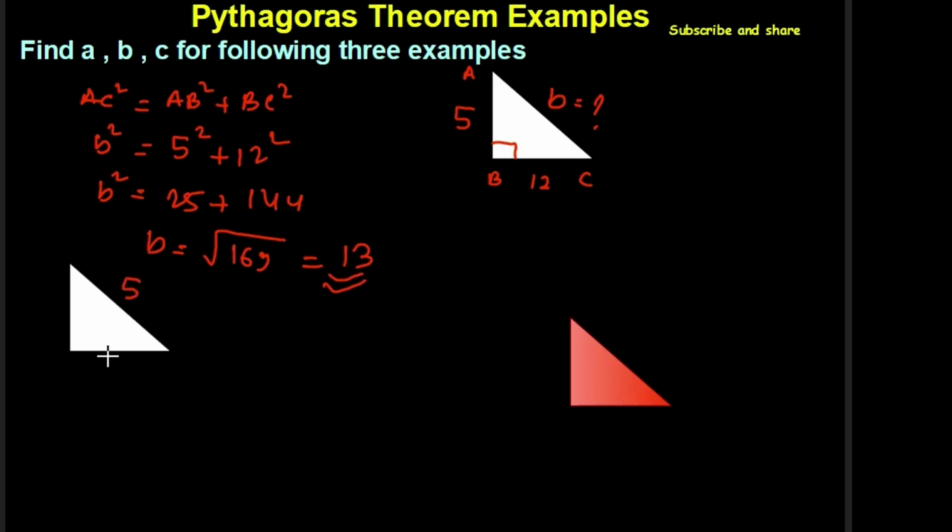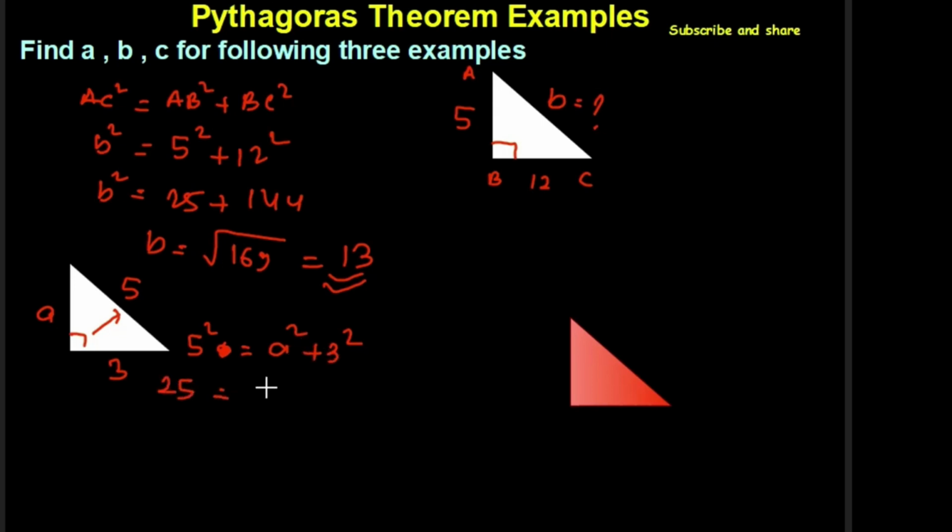Suppose another question where this is 5, this is 3, and this is A, and they are asking us to calculate the value of A. How can we find it? Again, we do the same thing. If it is 90 degrees, the hypotenuse is going to be 5. So 5 square is equal to A square plus 3 square. Square of the hypotenuse is equal to the sum of the squares of the other two sides.